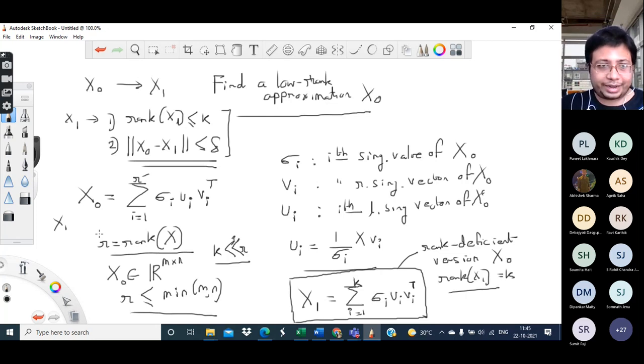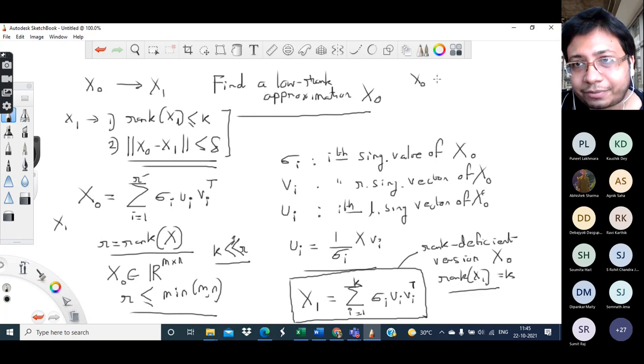Just like when I added up all these things up to r, I got an x naught whose rank is r, similarly, if I keep on adding these matrices only up to k, then I will get x1 whose rank is k.